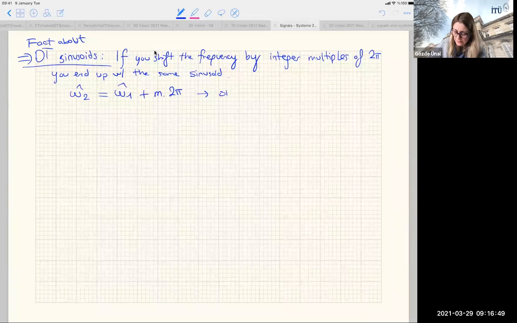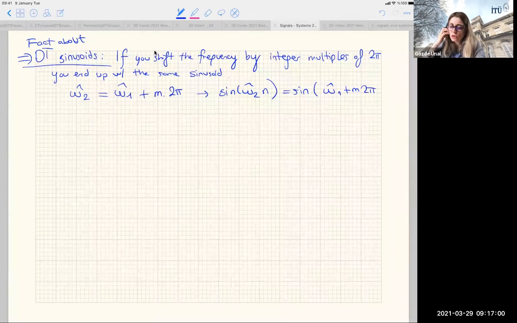So go to sine omega hat 2 n, this is a discrete time sinusoid. Insert its formula here, or its equivalent form here. If you do your math, this is easy to show.